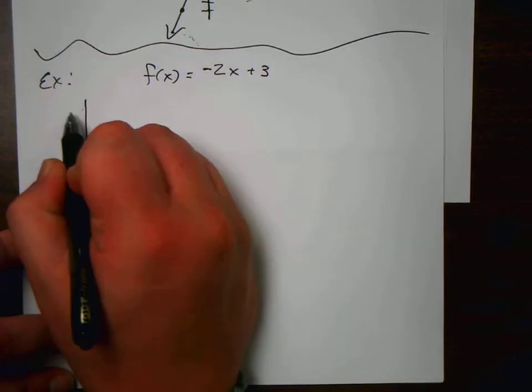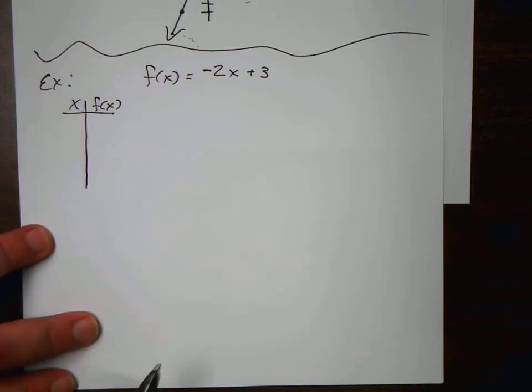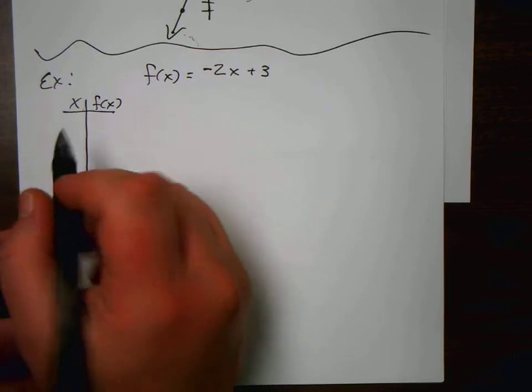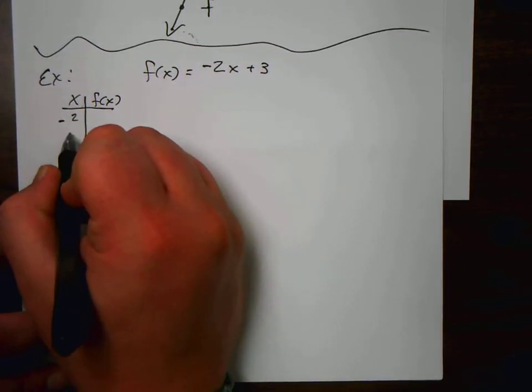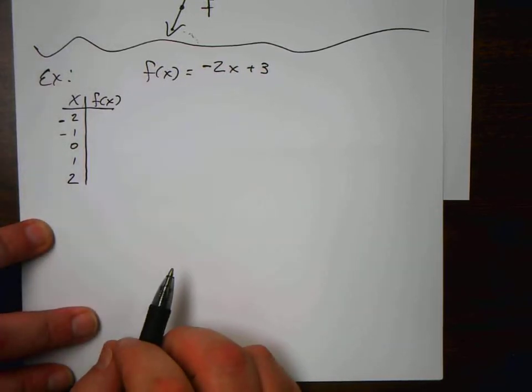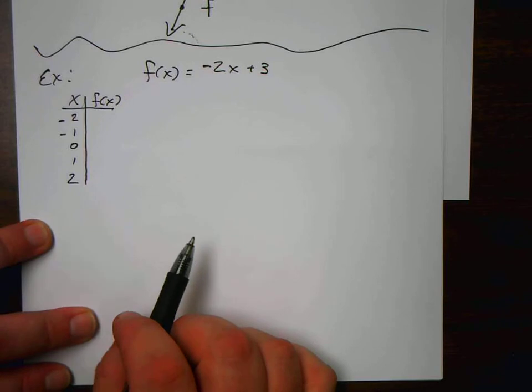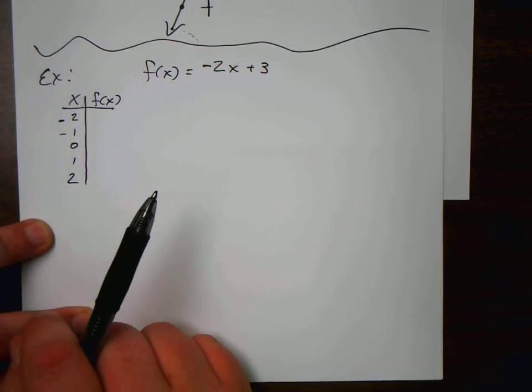Let's make a little chart here. We have x, f of x, and when I plug in, let's go with negative 2, negative 1, 0, 1, and 2. Go ahead and pause the video now. Pause this video, plug these numbers in, and see if you got exactly what you were looking for.